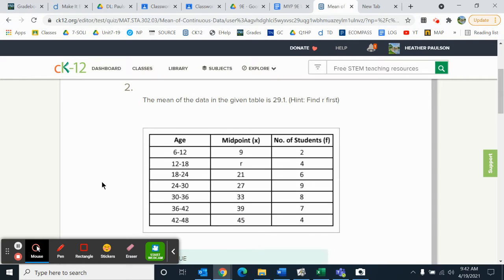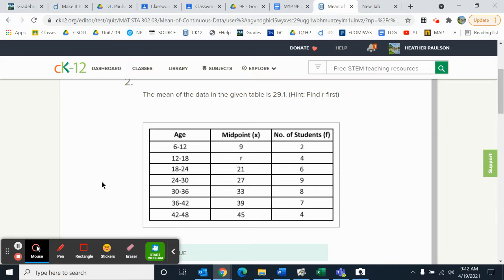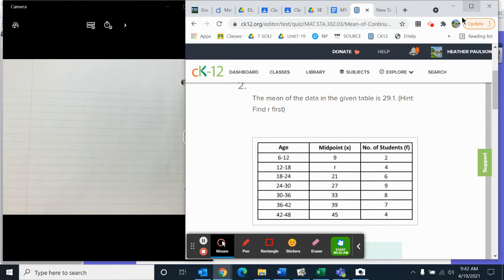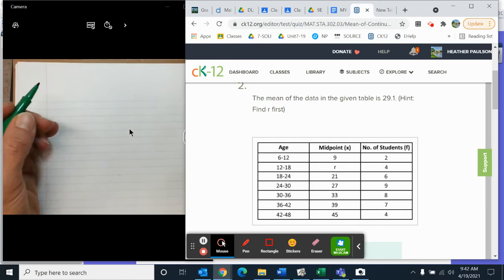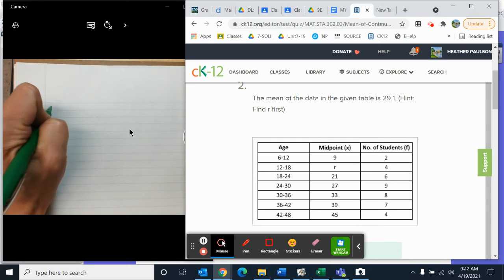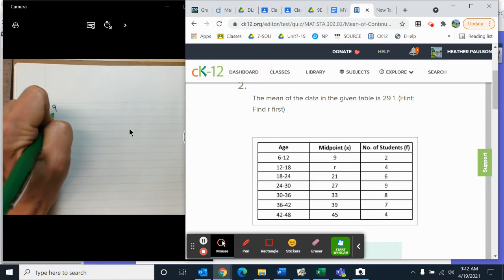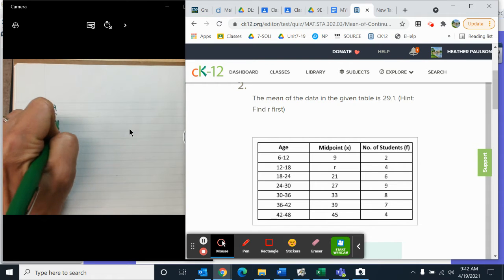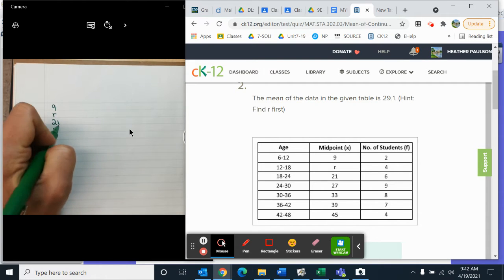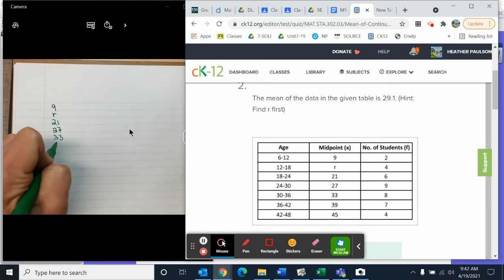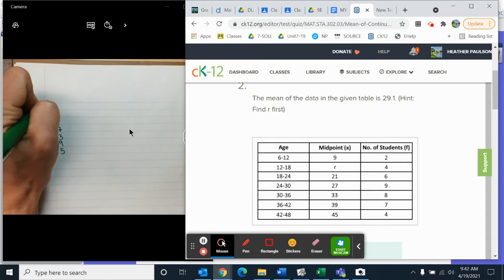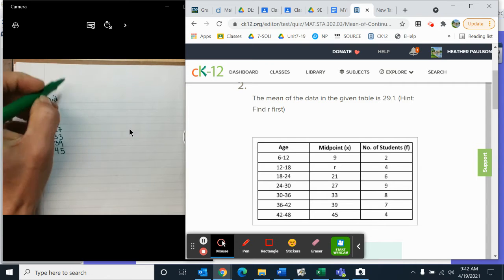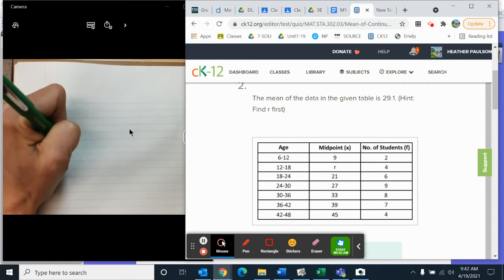Here is a group of data, and I would encourage you to get out your notebook to look at this data. What we have is the midpoints of all of our intervals. So this is the midpoint, but then we have the frequency here.